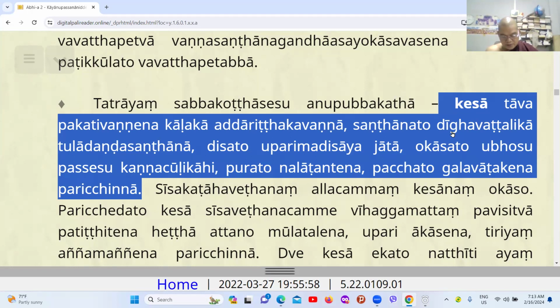Kesa is a particular kotasa, loma also is a particular kotasa, nakha also is a particular kotasa. This is the separation, the dissimilarity or classification of the kotasa. Ida kesanam vannadito vavatthapanam. This is the specification of kesa and so on as to color, etc.